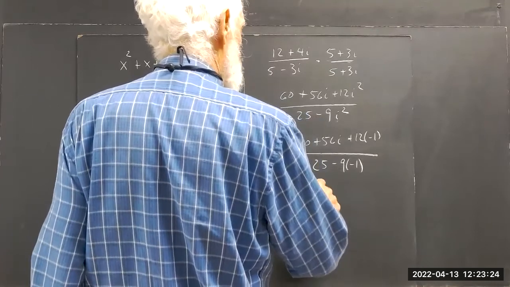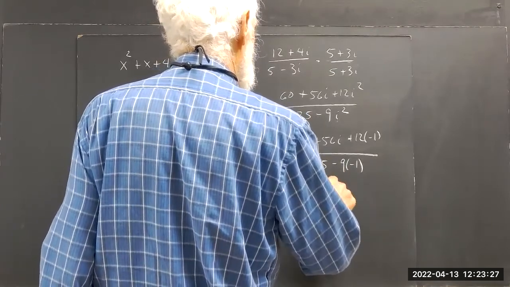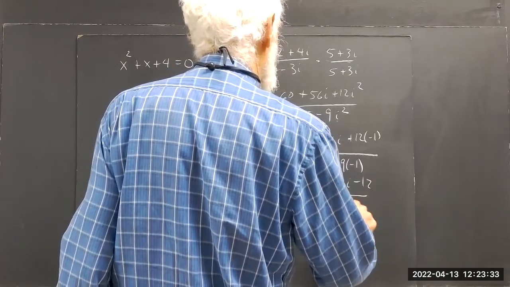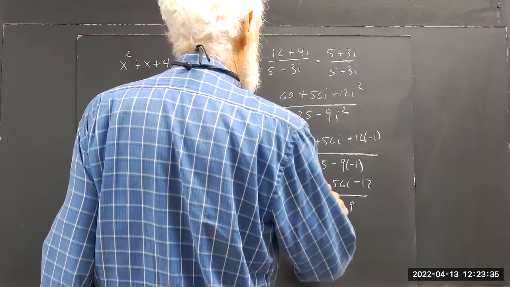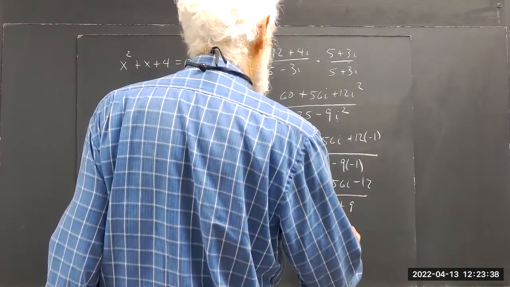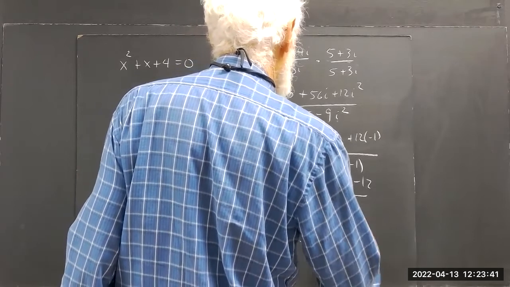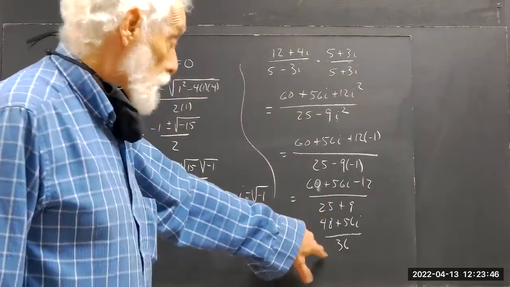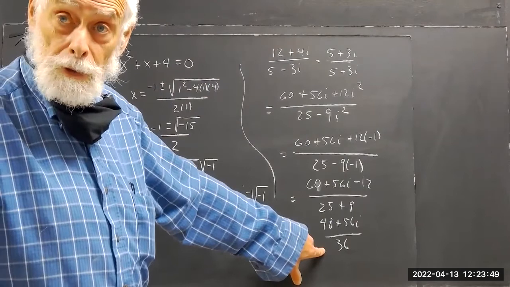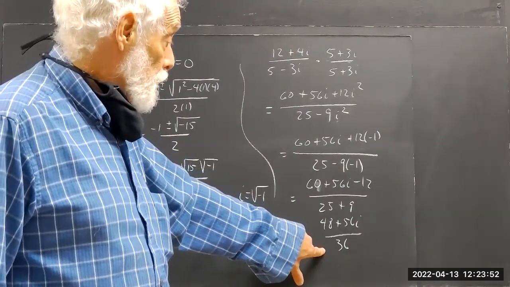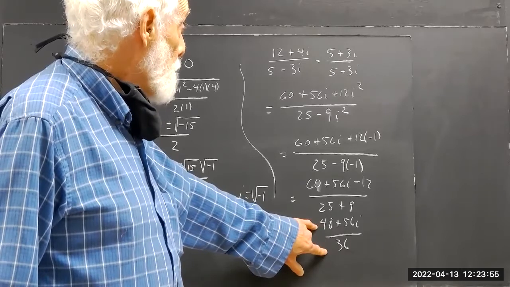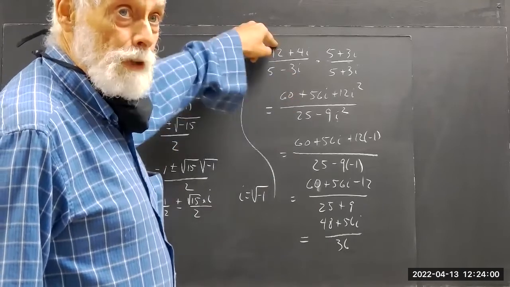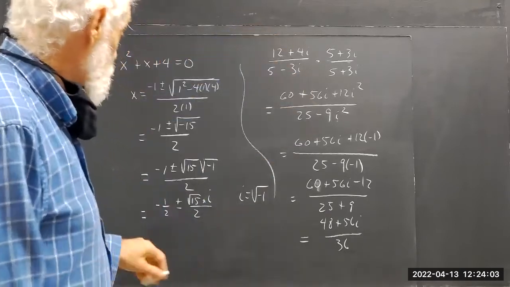And this is then going to be 60 plus 56i minus 12 over 25 plus 9, which is 48 plus 56i over 36. No imaginary numbers. And just like we did with square roots in the denominator, we don't have i's in the denominator. So that's a short story.